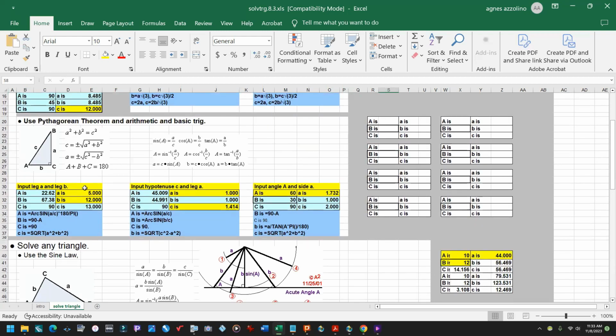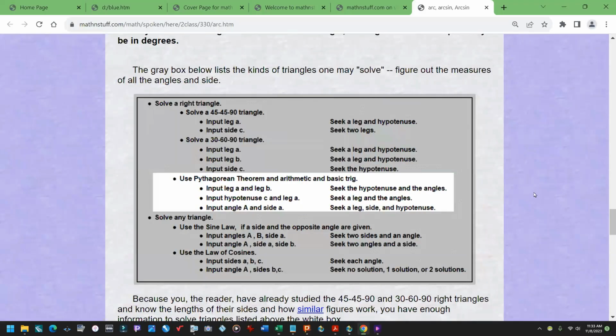Now, because you have trig, you can do more with what looks like less. But there's still more to go. There's still more you won't be able to do. So let's look at some problems you can do.